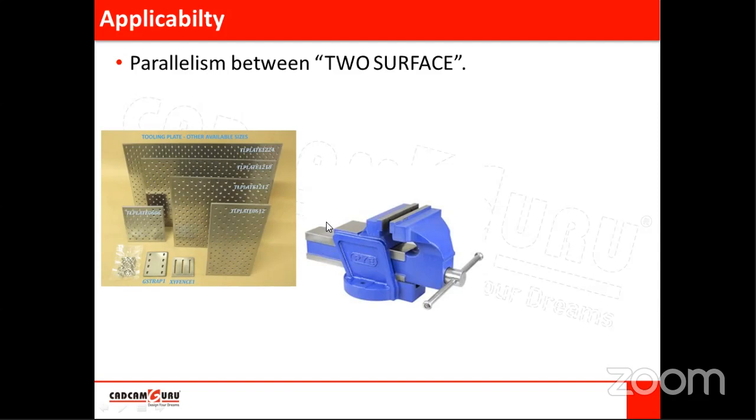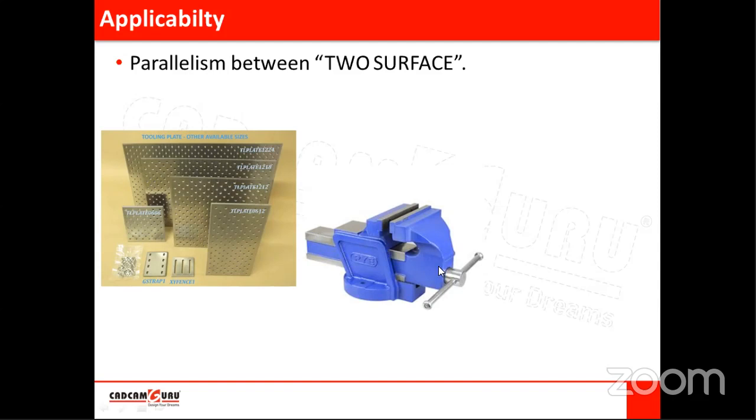Here you can see these two surfaces. This is one surface, and one more surface is on the opposite side. So we can expect parallelism between these two surfaces, right? These two surfaces should be parallel to each other. If there is an error in parallelism, if these two surfaces have some inclination, then it is difficult to move this sliding jaw.